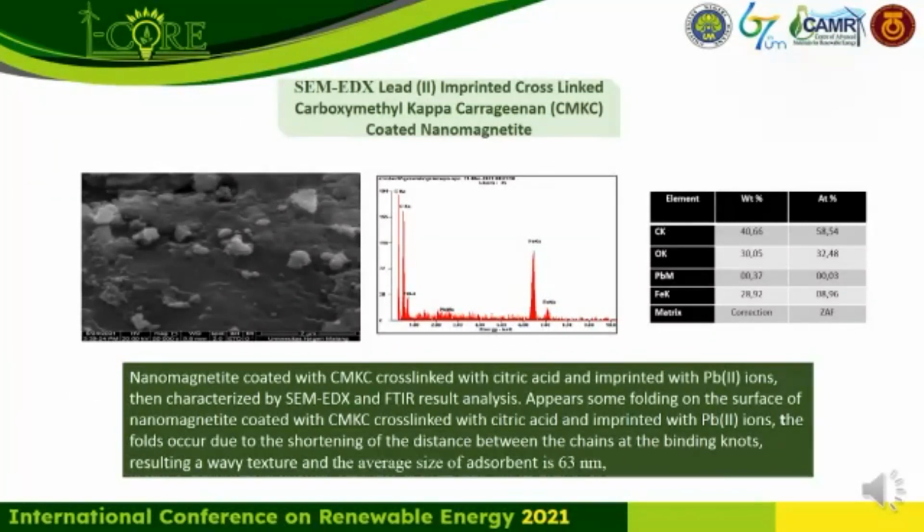Scanning electron microscope. Lead-imprinted cross-linked carboxymethyl kappa carrageenan coated nanomagnetic. The nanomagnetic coated with carboxymethyl kappa-carrageenan cross-linked with citric acid and imprinted with lead-2 ion was characterized by scanning electron microscope and Fourier transform infrared.